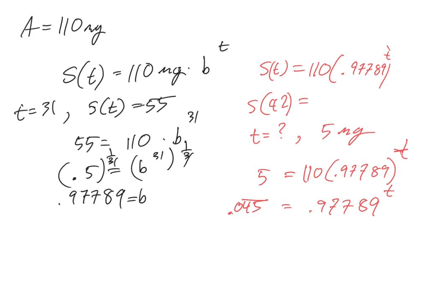If I take the log of both sides, log of 0.04545 repeating equals log of this number again, 0.97789 to the T.